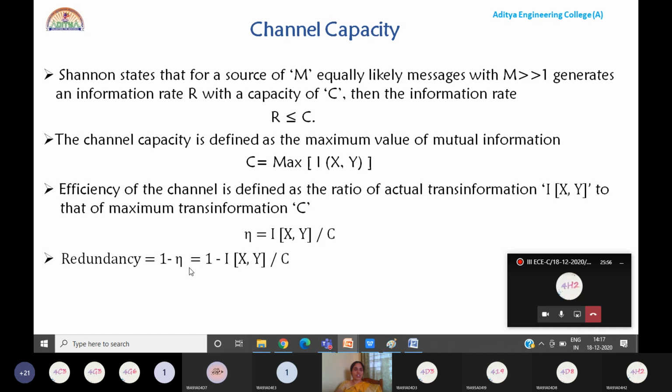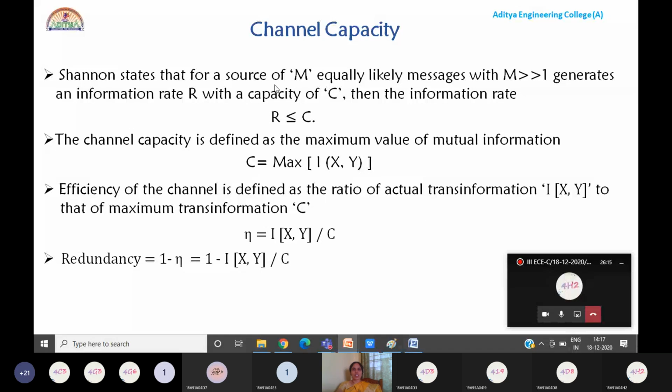Redundancy plus efficiency is generally equal to 1, so redundancy is 1 minus efficiency eta.